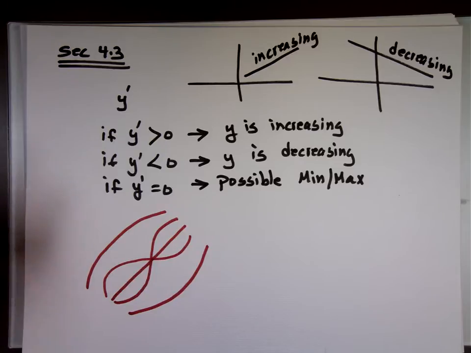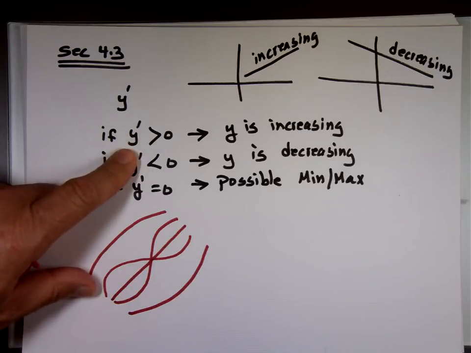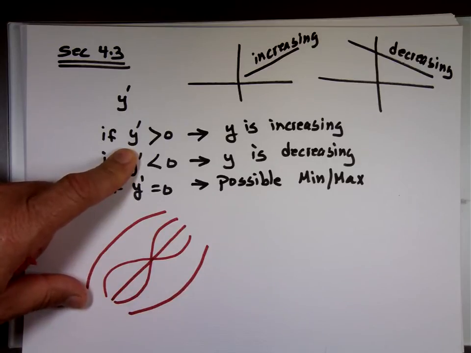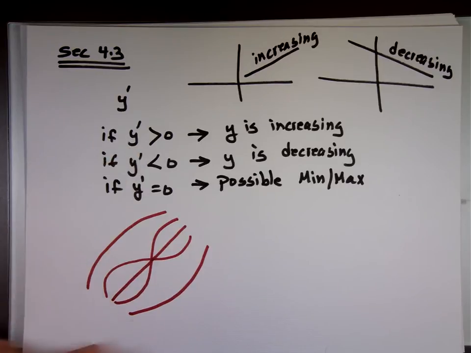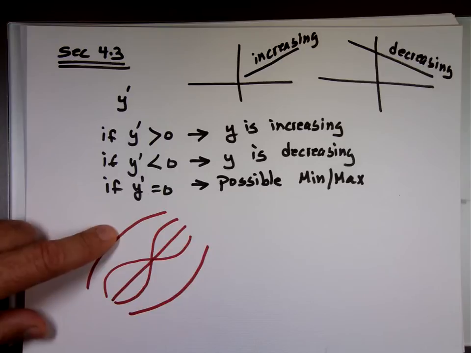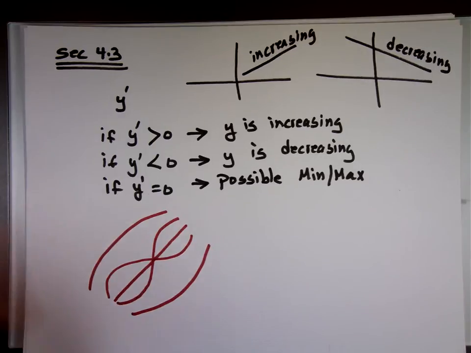Then who's going to tell us how the function is going to increase? The second derivative. We'll get to that in section 4.4. So right now I'm not interested in how it is rising. I'm just going to draw a line going up there. But when I get to section 4.4, I'm going to say, wait a minute, we can't just draw a straight line going upward. We need to know, is it increasing like this, like this, or like this, which one of them?